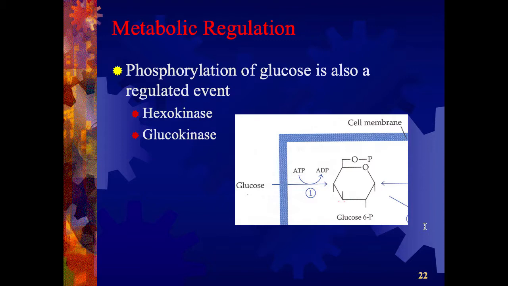Glucokinase and hexokinase. Glucokinase is expressed in the liver and the pancreas.